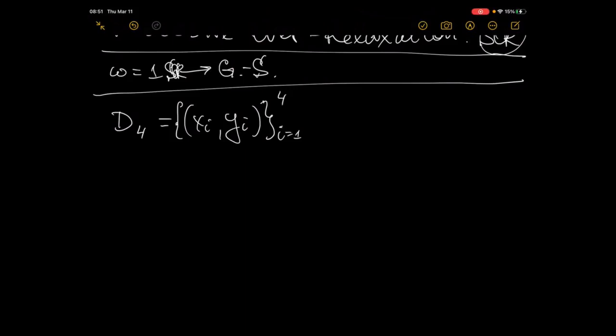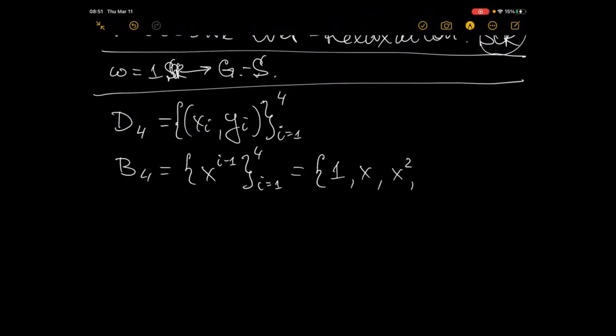Correspondingly, if we have 4 points, we can use 4 basis vectors. Let us use the basis of monomials, which means that we are using 1, x, x squared, x cubed, 4 vectors.